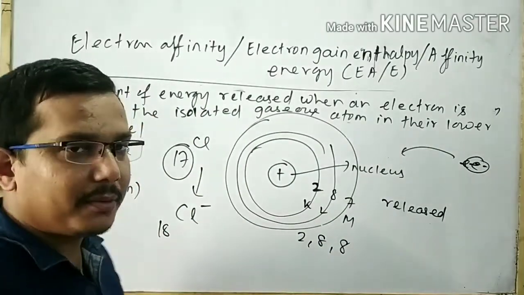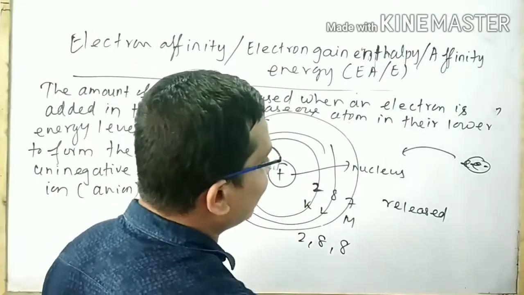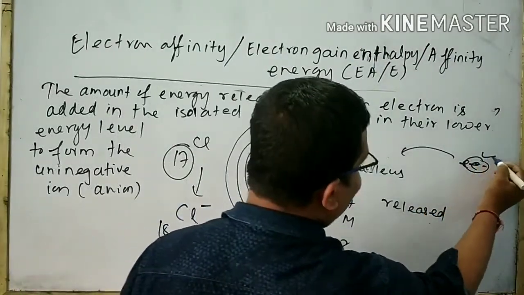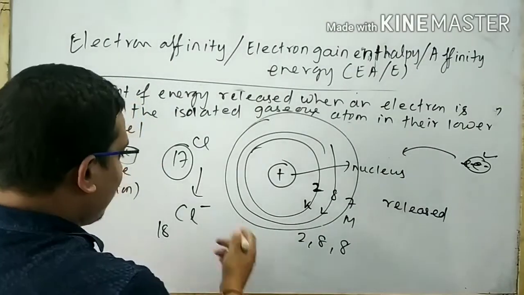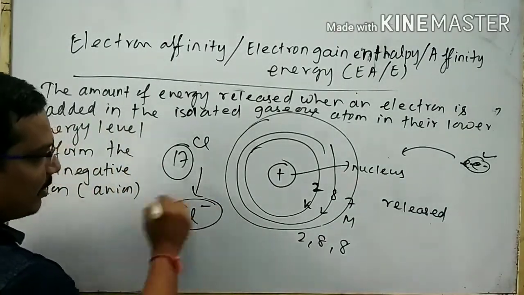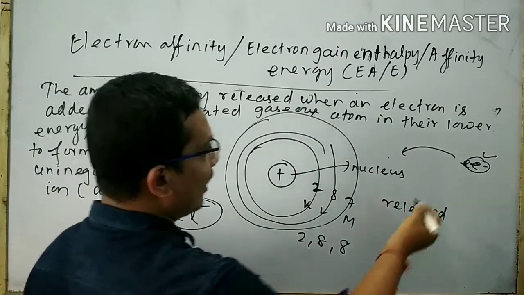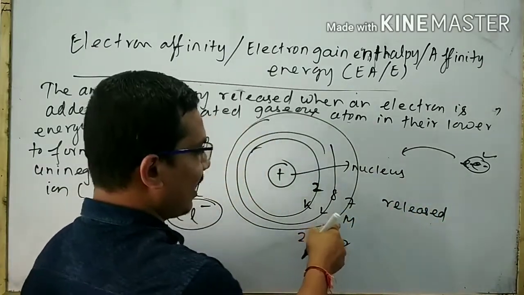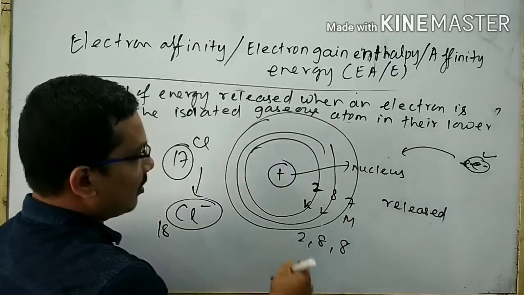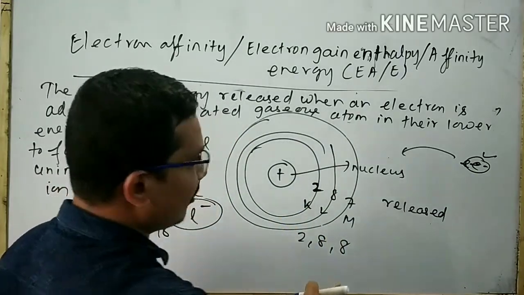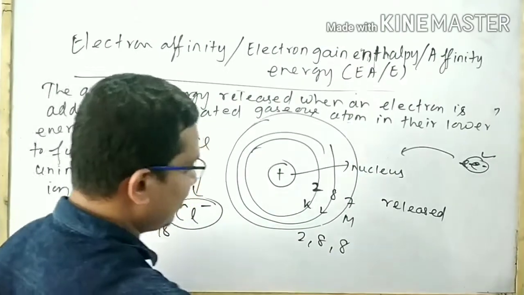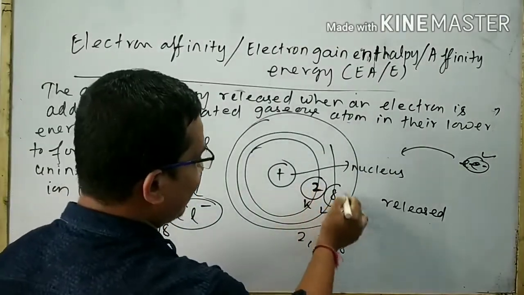Then what amount of energy is released by the chlorine atom to gain an electron from the other atom and convert into Cl minus ion? Here the added electron must be present in the M cell, because before the M cell, the K cell and L cell are lower energy levels, but these cells are completely filled.